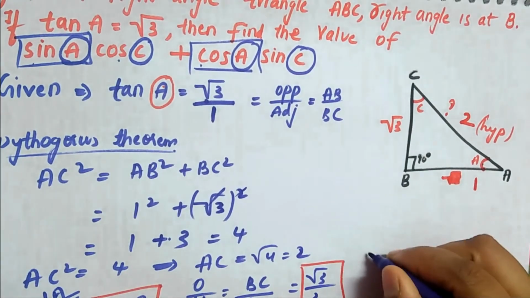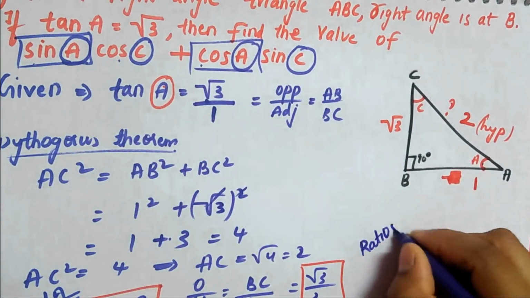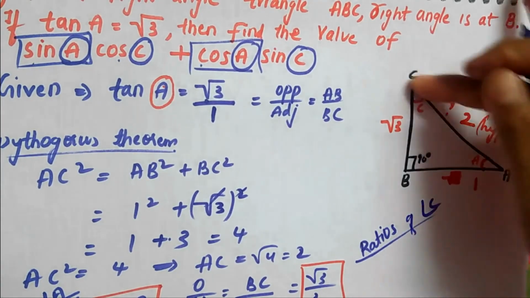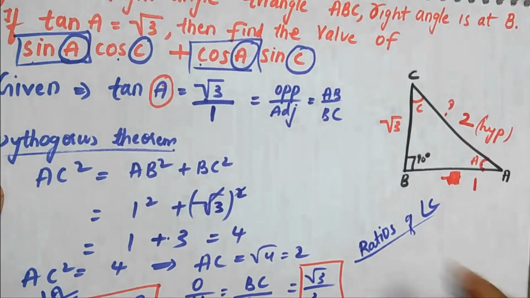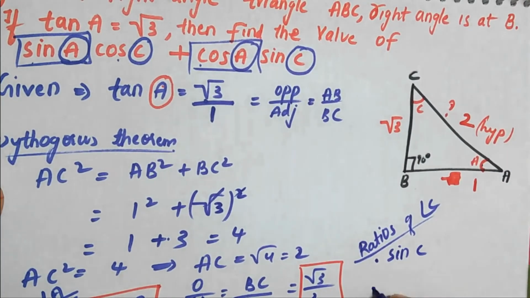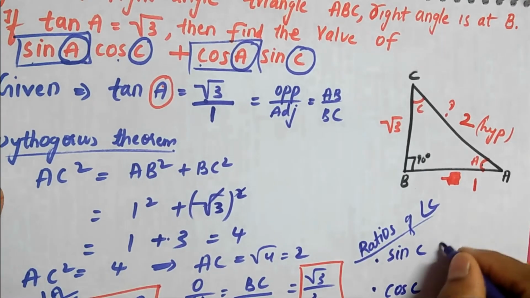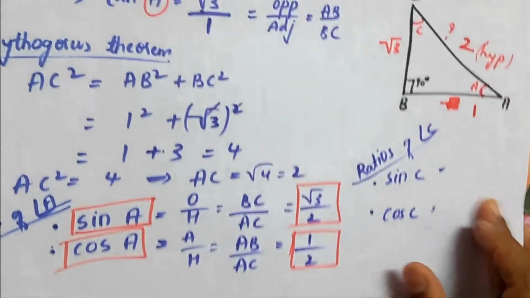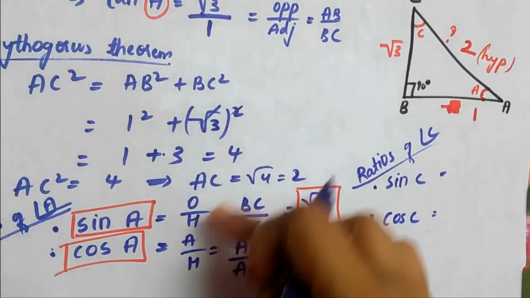So let's take the ratios of angle C, from the point of view of angle C now. Let's write what we need: sin C and cos C. We know the formulas, opposite by hypotenuse and adjacent by hypotenuse, and we have already written them here.